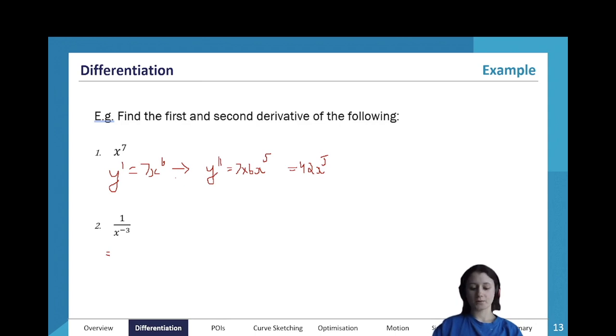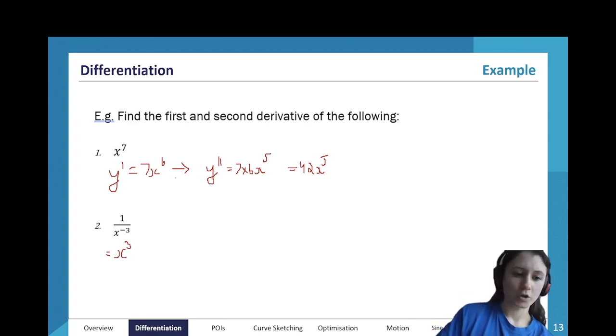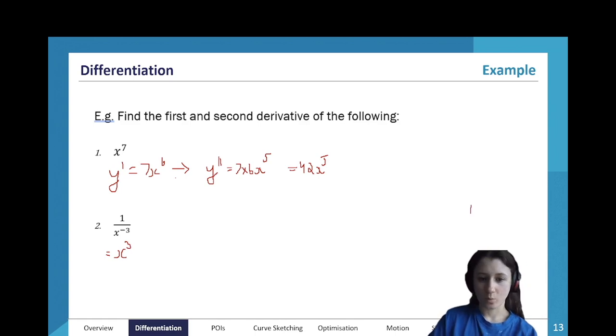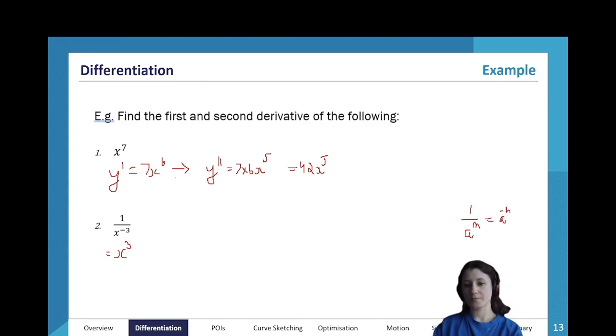For part 2, remember whenever you have any number down in a denominator, you always want to bring it up to derive. So we're going to use our index laws, and this will give us x cubed, right? So remember the index law, 1 over a to the m equals a to the negative m. So as soon as you swap a number from being on the numerator to the denominator, or the denominator to the numerator, whenever you swap where it is, all you need to do is change the sign of the index.